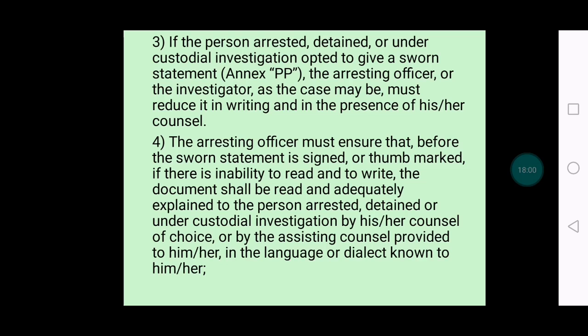The arresting officer must ensure that, before the sworn statement is signed or thumb marked, if there is inability to read and to write, the document shall be read and adequately explained to the person arrested, detained, or under custodial investigation by his or her counsel of choice, or by the assisting counsel provided to him or her in the language or dialect known to him or her.